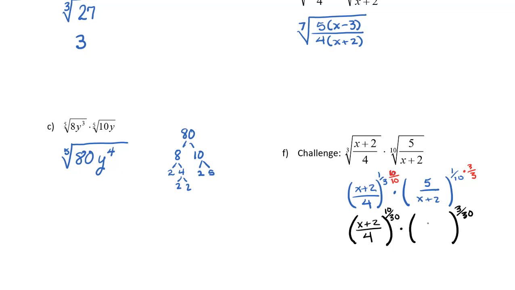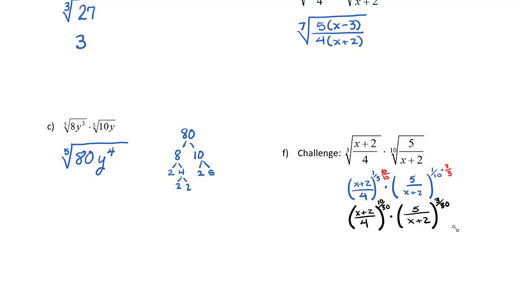So I'm going to rewrite this as x plus 2 over 4 to the power of 10 times 5 over x plus 2 to the power of 3, all raised to the 1 over 30.